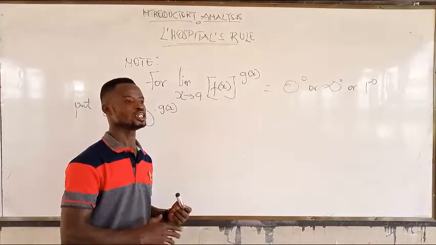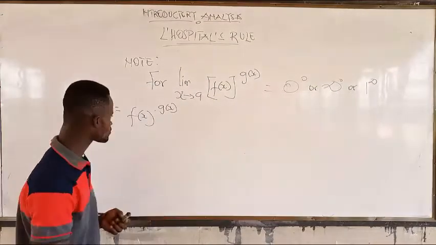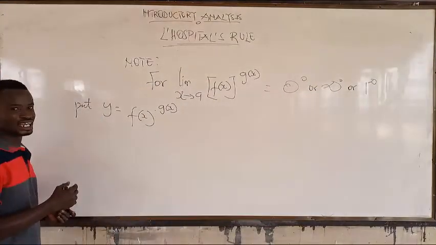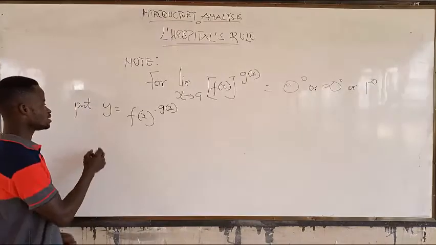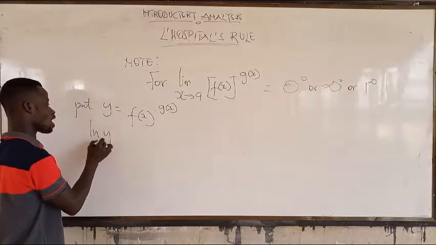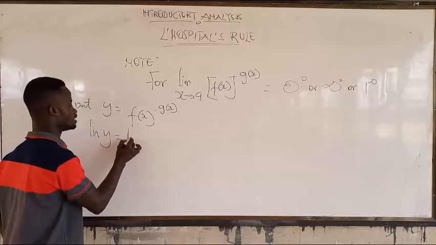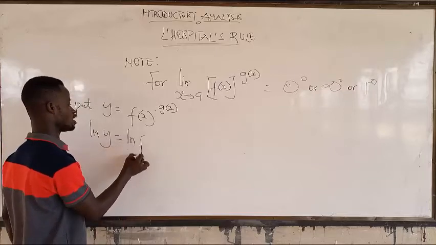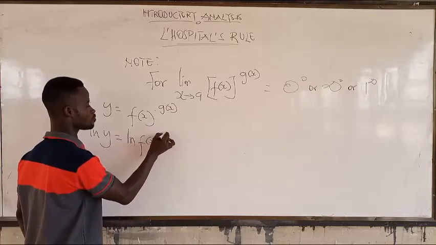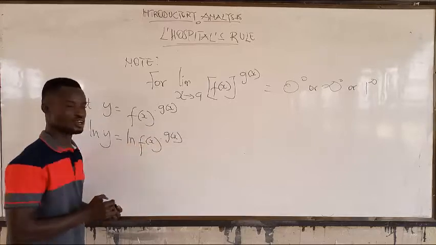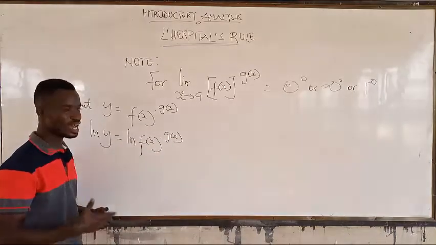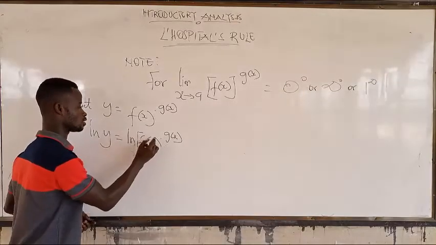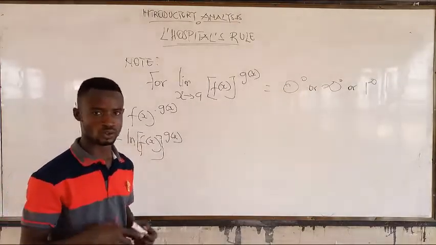Watch me well. We take the ln of both sides, and we get ln y is equal to ln of f of s raised to the power of g of s. Very good. Then after that, what do we do?